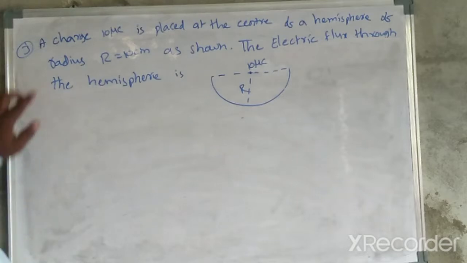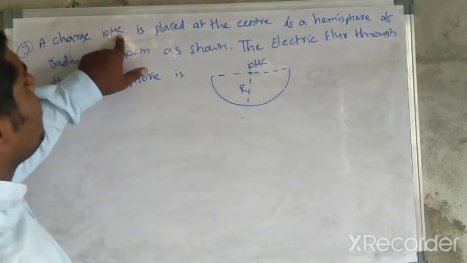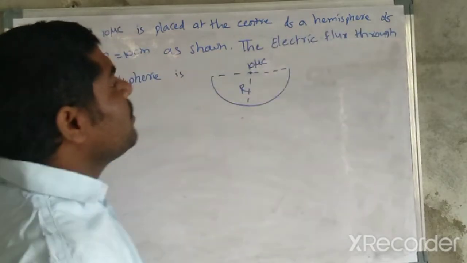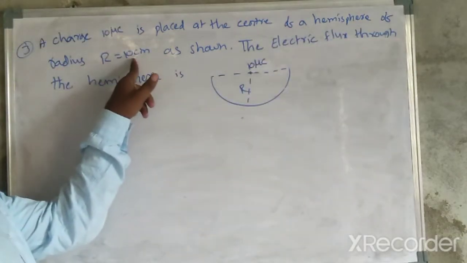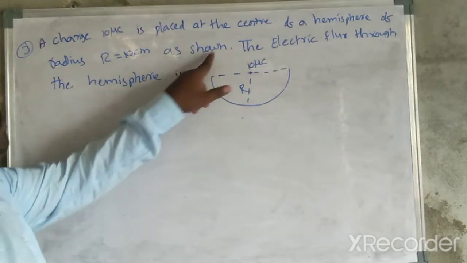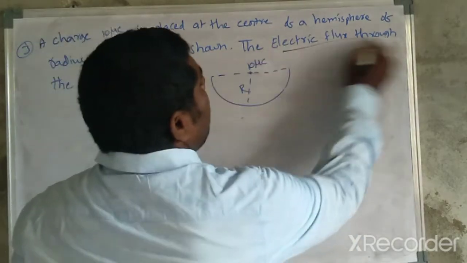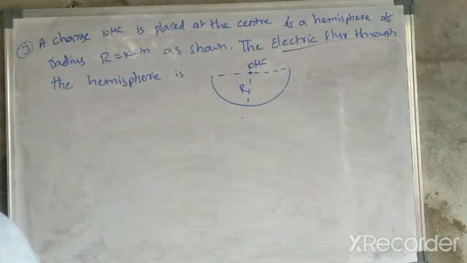So another model: a charge of 10 microcoulomb is placed at the center of a hemisphere of radius r is equal to 10 centimeter as shown in the figure. The electric flux through the hemisphere is.